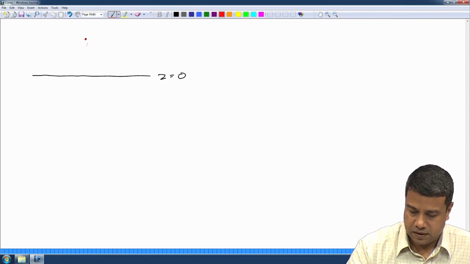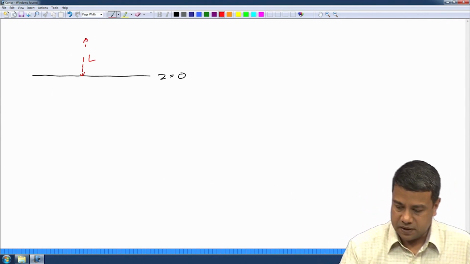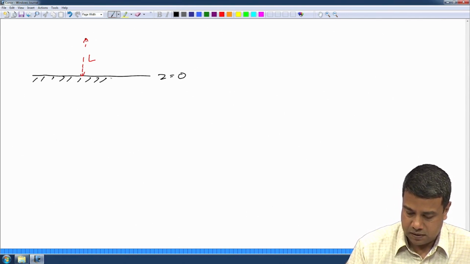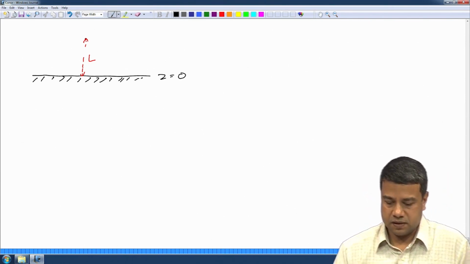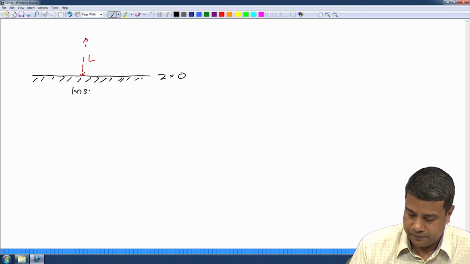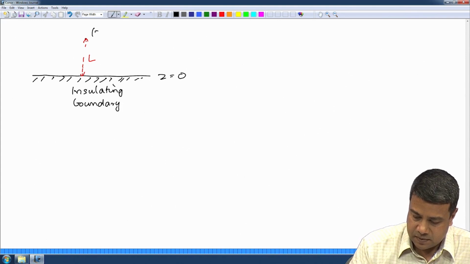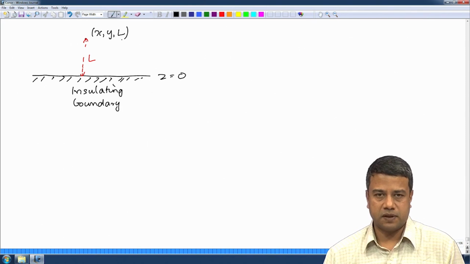And the distance of the point source from the boundary was L. And let us assume that this was an insulating boundary. There is no heat conduction across this boundary. So, this is an insulating boundary at z is equal to 0, and the source is at some location x, y, L. It is at a height L from the insulating boundary.